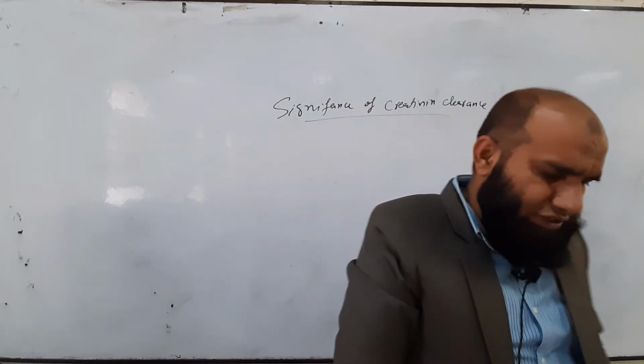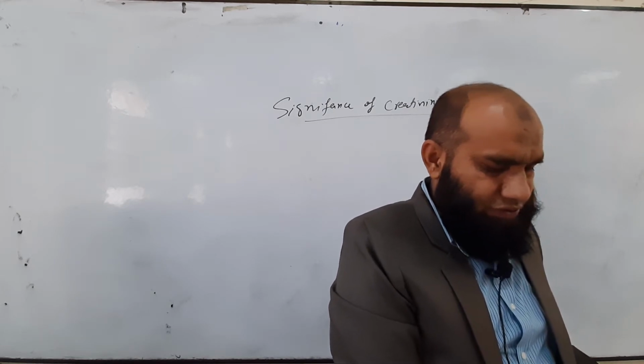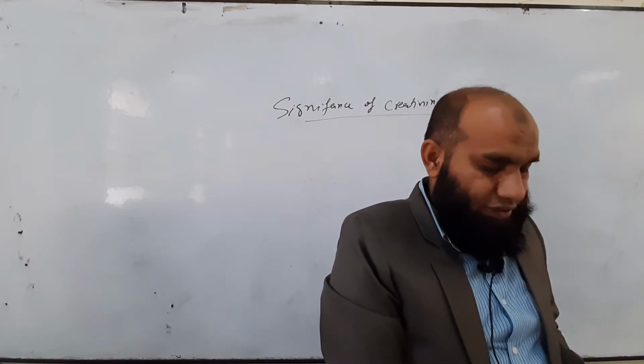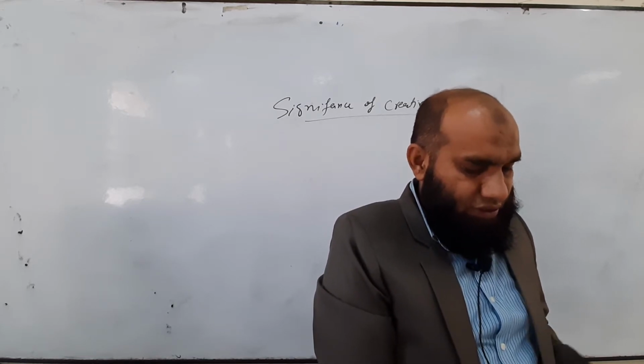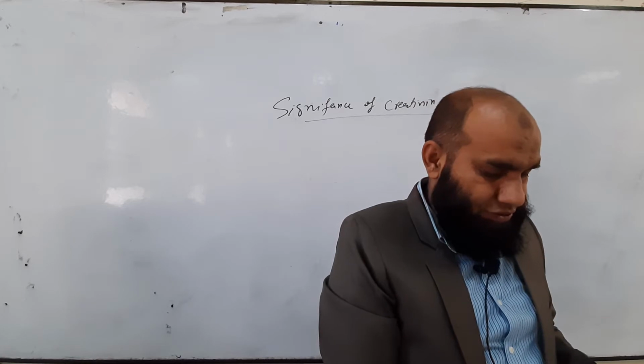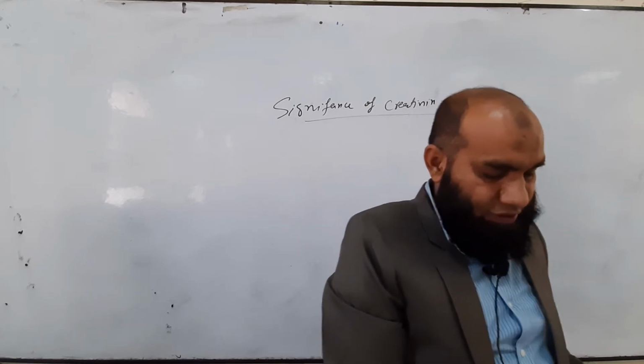Number one, generally the normal creatinine clearance value indicates the kidney is functioning normally, while in some disease states, the pathological conditions, and in the elderly population, the creatinine clearance is likely to be altered, leading to lower values.